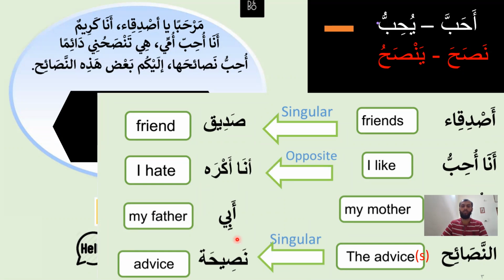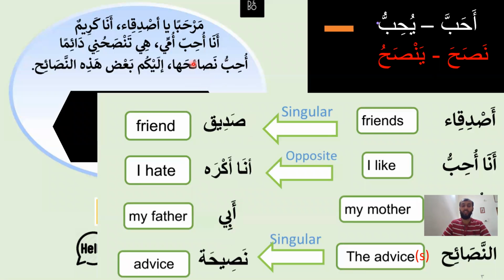It's a noun, but don't worry too much about it, we'll come to this later. Pay attention to nasaha, yansahu. It's the same root word from which we get nasiha, one advice. Nasa'iha is advices, plural. Just know that nasiha is one advice, and nasa'iha means a lot of advice, multiple advice.